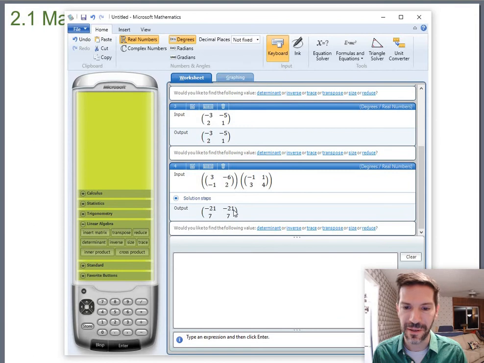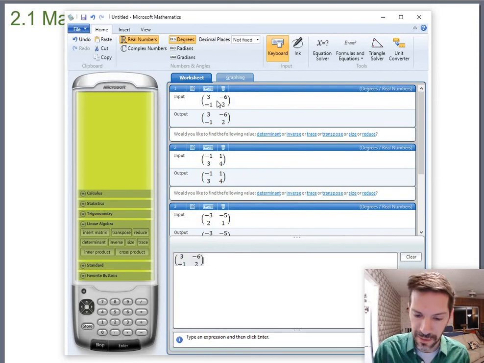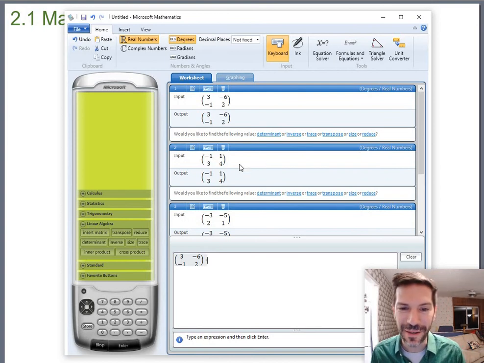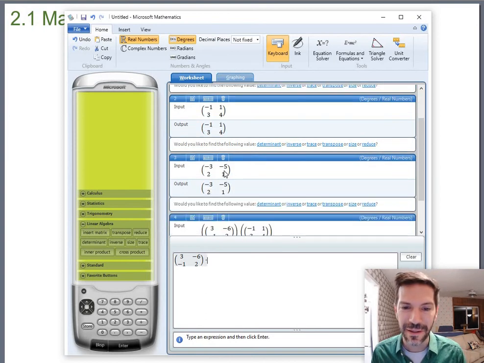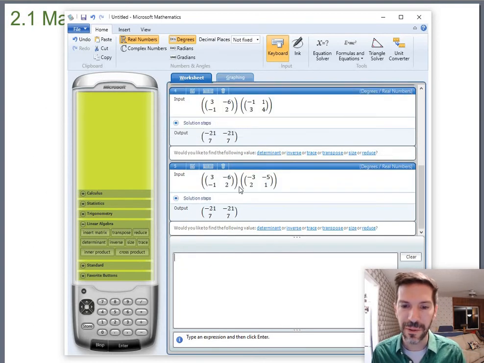That result comes out negative 21, negative 2177. So I'm going to go back and do the first one again, but this time I'm going to do it times this one. And notice that's also negative 21, negative 2177.